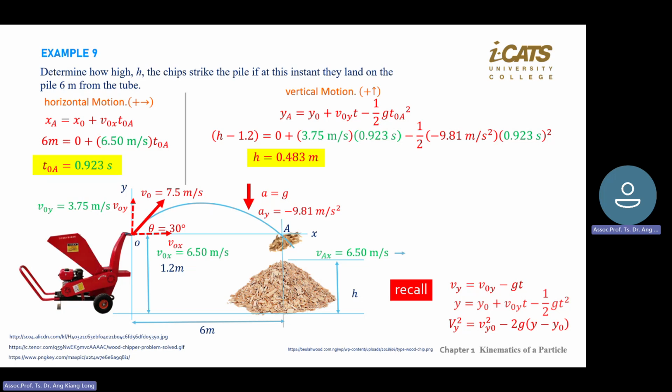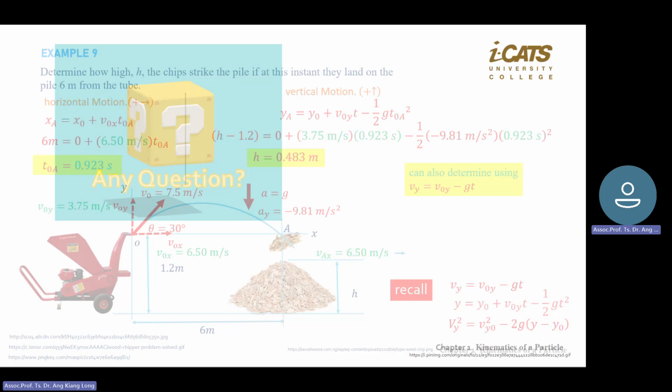O means your starting point, your reference point. Where do you start? You can assume it's always 0, but it's not necessarily always 0. You can also use the first equation, where you use Vy equal to Voy minus gt, and so on.